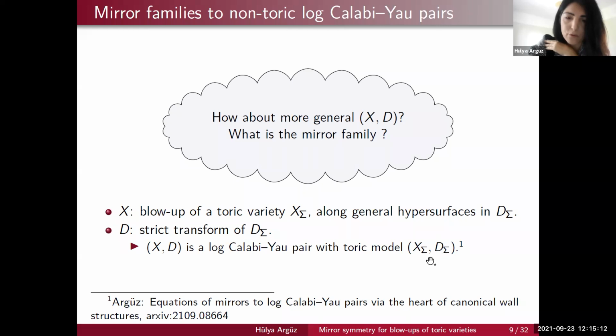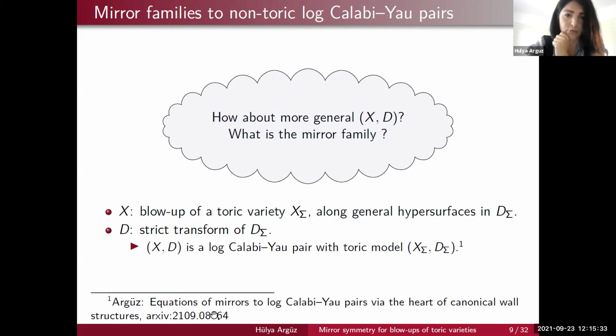So I have my toric model (X_Σ, D_Σ), and I'm looking at a situation where I blow up along hypersurfaces in the toric boundary. And I wrote a paper providing explicit equations for mirrors in these cases, and I wrote several explicit examples explaining how the algorithm works.